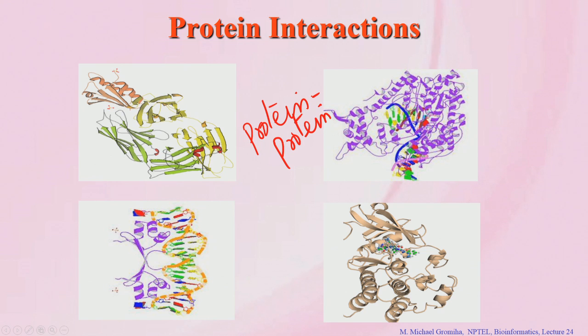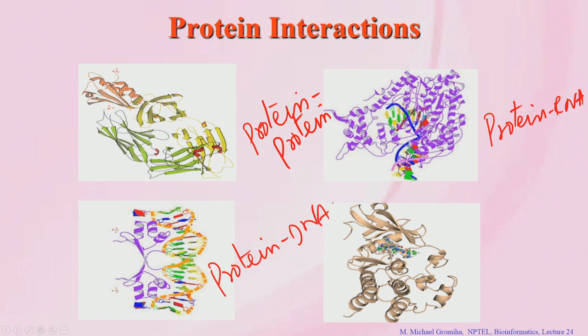Here you can see a protein and this is RNA, so this is a protein RNA interaction. Here you can see the protein and the DNA, so this is a protein DNA interaction. Here you can see the proteins and the ligands, so this is a protein ligand interaction.